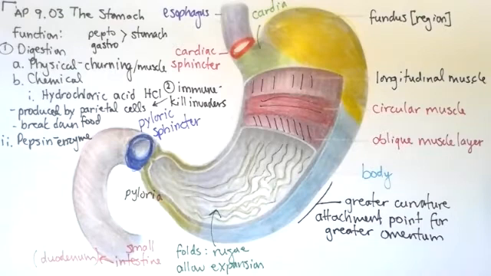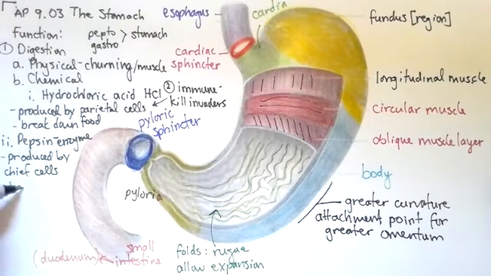So we see Pepto-Bismol, Pepto for stomach. The Bismol used to have bismuth in it, which really isn't good for you to take as a medicine, but back when they made Pepto-Bismol, they didn't know that. Pepsin is produced by a different kind of cell called chief cells, and it breaks down proteins.